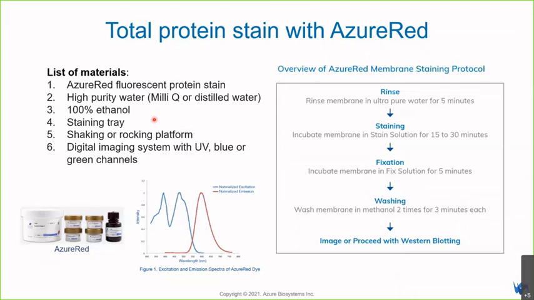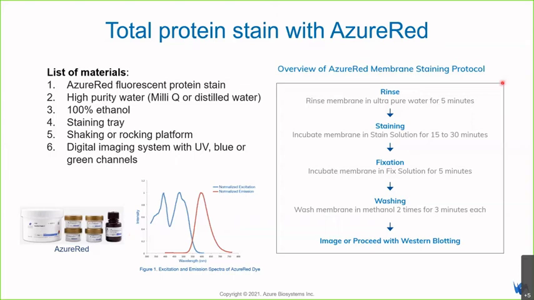The important thing is you must have a digital imaging system that has the channels, excitation light source, and the detector that is compatible with the staining. So this is AzureRed. You can see that you can excite at the UV channel, blue, and also green channel as well. This boils down to the physical properties of the dyes.